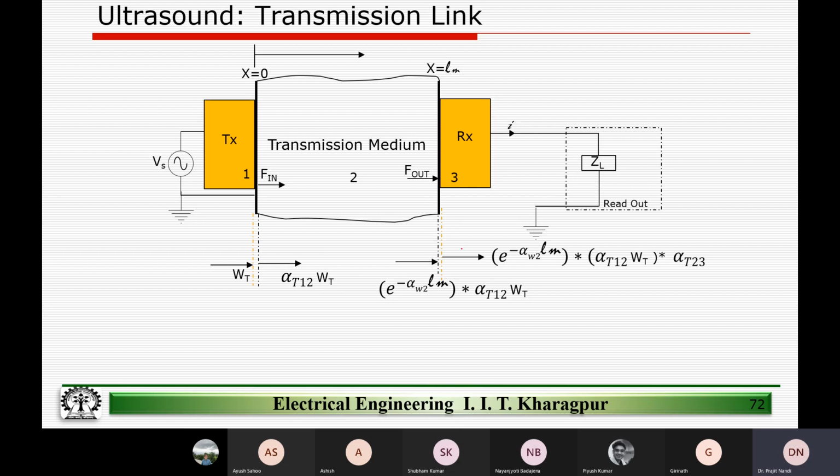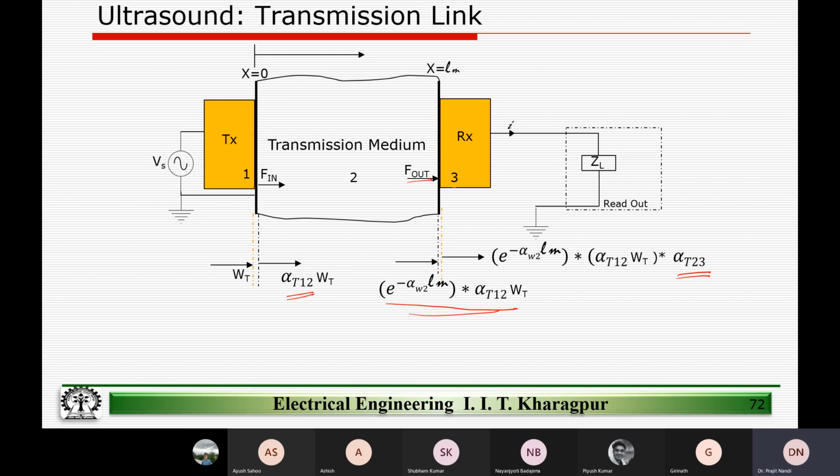The power that is finally received by the receiver is this multiplied by another transmission coefficient, alpha T23. As I said, when the power was incident on the first interface, not the complete power was transmitted into the medium; some portion of it was reflected, and the portion that was transmitted was given by the transmission coefficient alpha T12. Similarly, the power that is received by the receiver is not the full power incident at this edge.